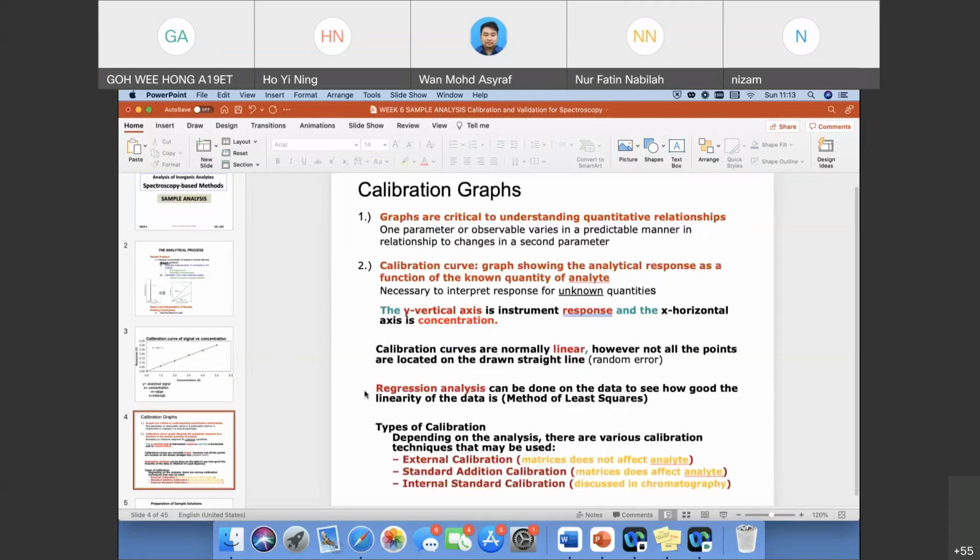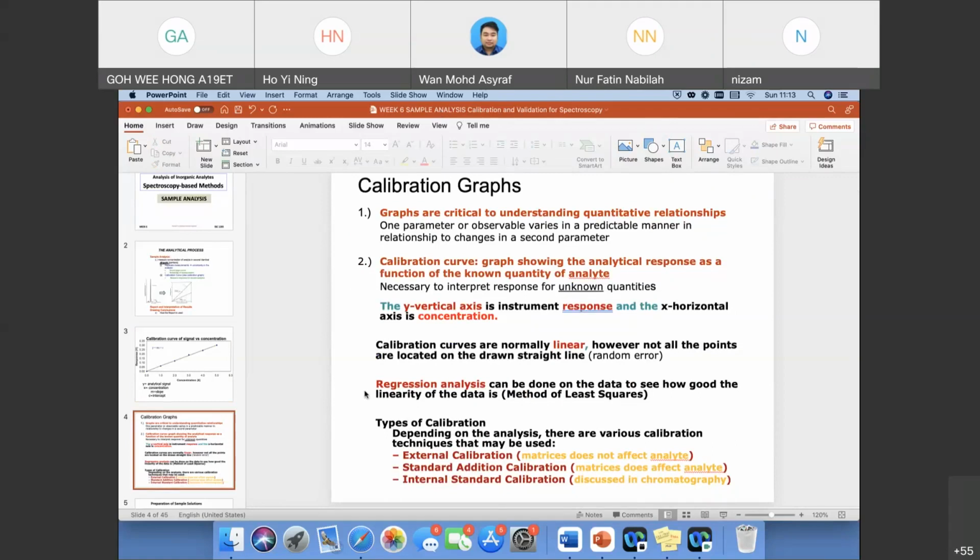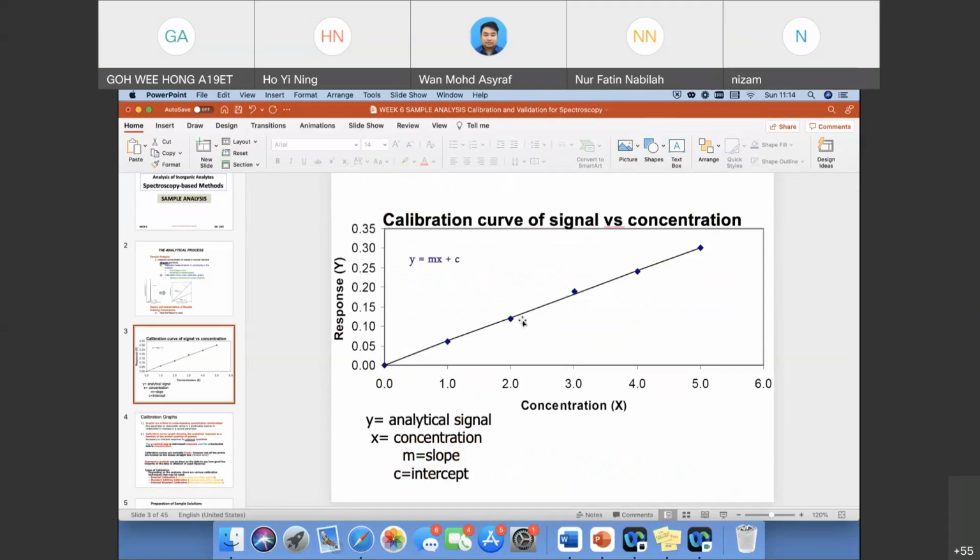So, regression analysis can be done on the data to see how good the linearity of the data is by using the method of least squares. You can do this inside Excel when you have your data later on. It creates a regression analysis for you to know whether your straight line here is good or not.